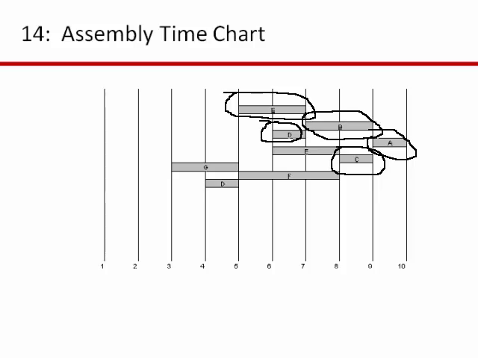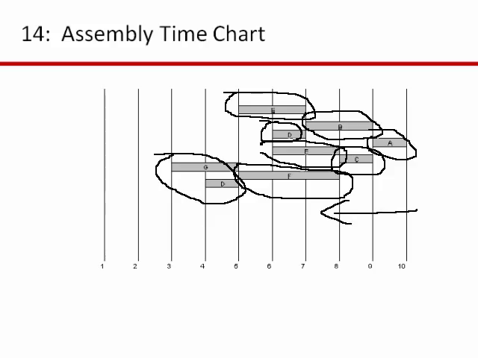We can't start B until the beginning of week 7, and that's when we'll finish E and D. And then C also had a child of E, and a child of F. And then F had 2 children, G and D. So if you start from where you need the end item and back schedule, it's telling us that in order to have these products done by the beginning of week 10, we have to start no later than the beginning of week 3. If we start later than that, we won't be done in time.